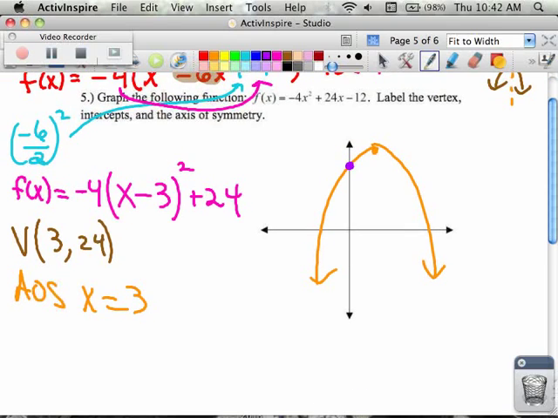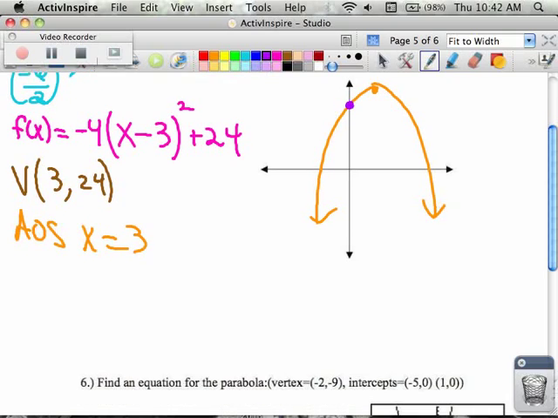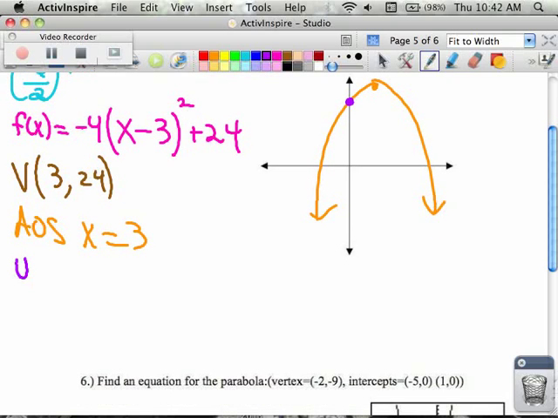So to find the y-intercept, which I think is the easier of the intercepts to find, you just plug a 0 in for the x value. So I plug a 0 in here for x in the pink equation. 0 minus 3 is negative 3.